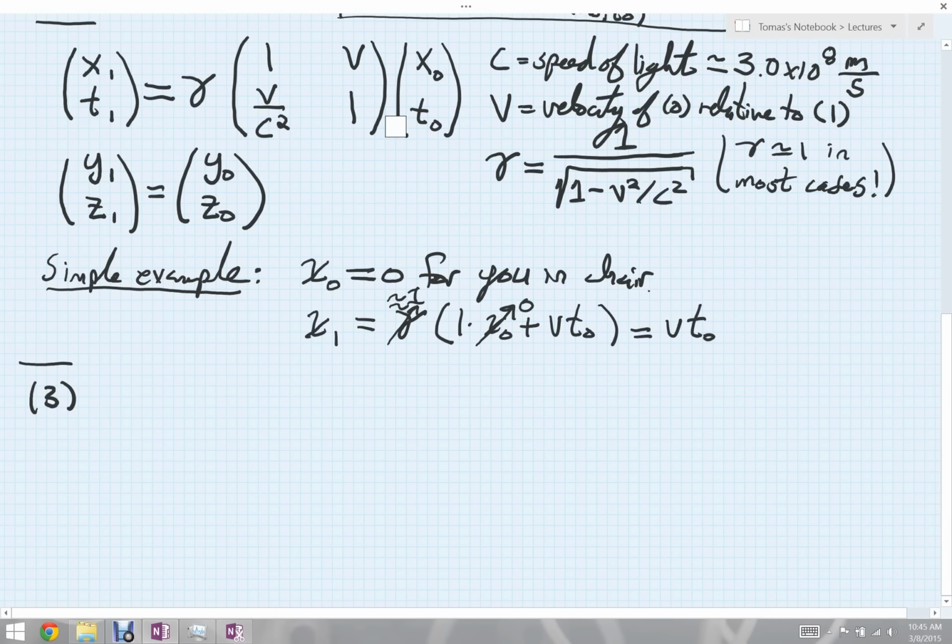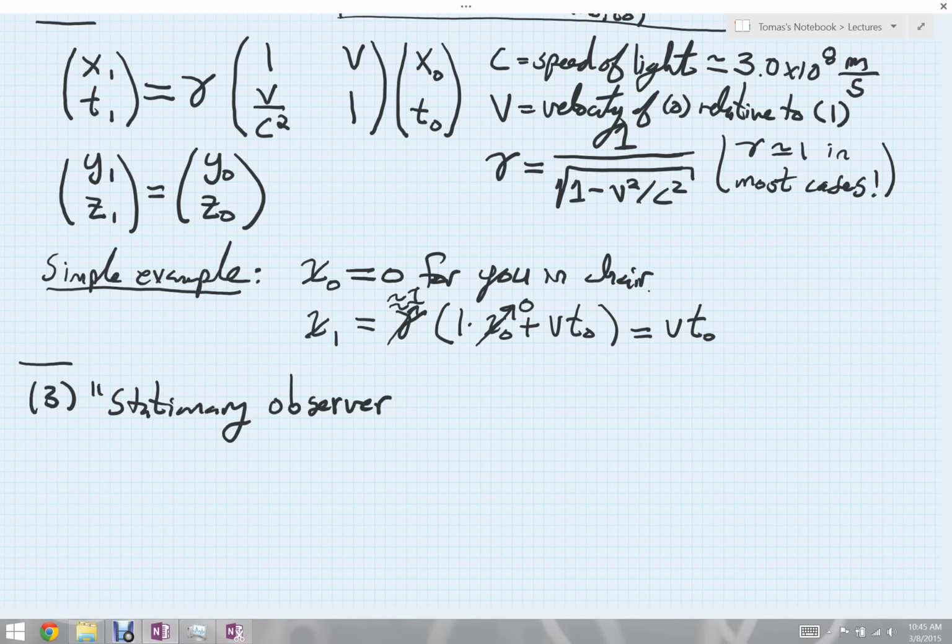So the third consequence is that stationary observers, I'll put that in quotes, because who's to say who's stationary or not? But in this example, that would be me, standing there, say in the lecture hall, while you're driving by quickly in your automobile. So the stationary observer sees a moving observer.